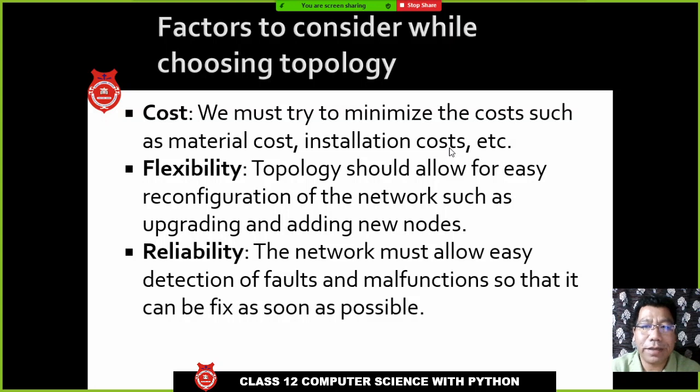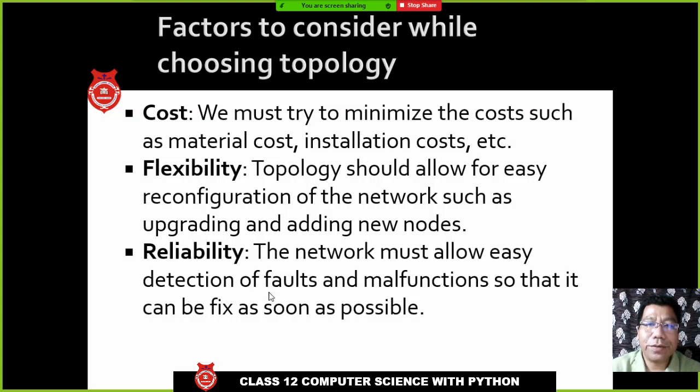You have to minimize. Then the next one is flexibility. The topology should allow easy reconfiguration of the network, and upgrading or expanding the network should be easy. So that is known as flexible. Another one is reliability.